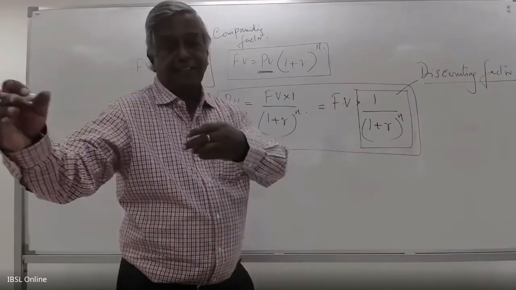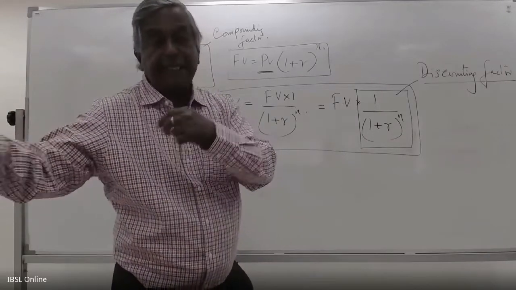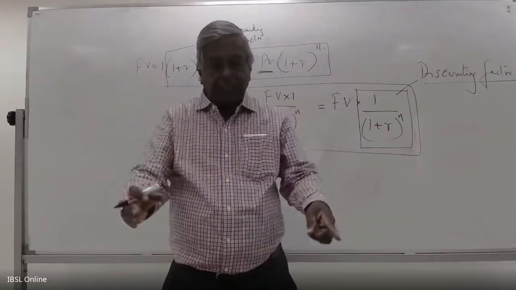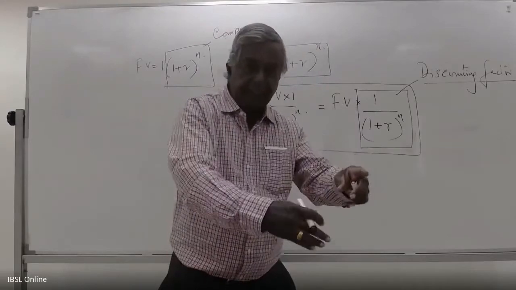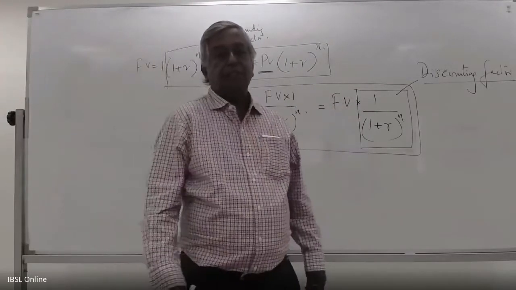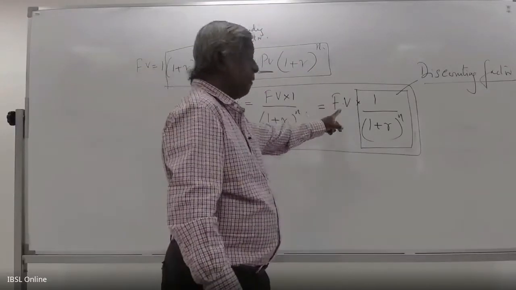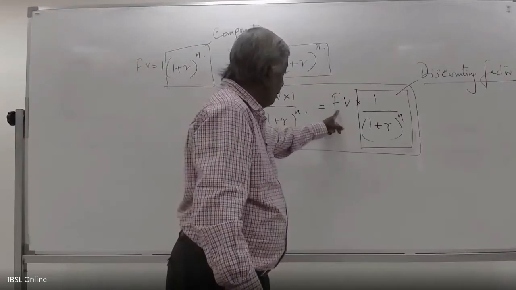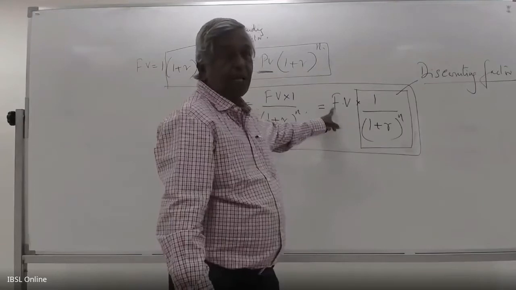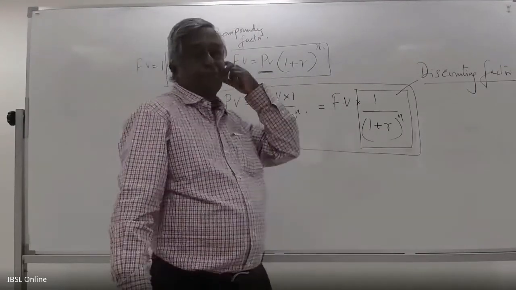For various interest rates and various periods, the discounting factor will differ. So from the discounting table you take the discounting factor and multiply it by the future value. You get the present value.